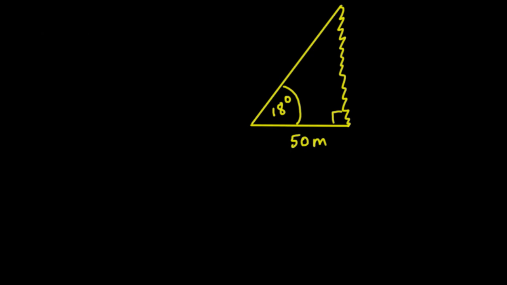So let's say we call the height of the mountain y, and this distance here is x. So we know that if we measure the y divided by the x at 18 degrees, we say y upon x equals tan of 18 degrees. So just saying the ratio of y upon x at 18 degrees is some value, and we can find that value from our calculator.